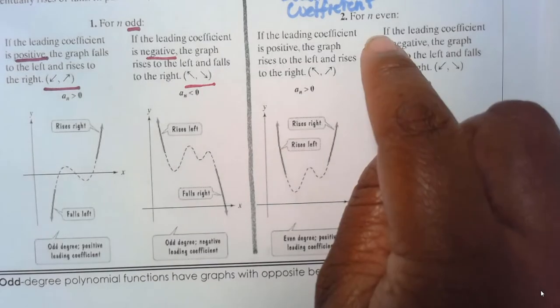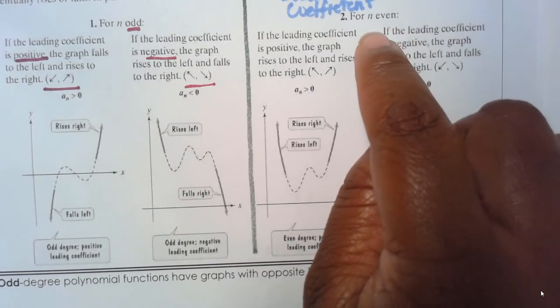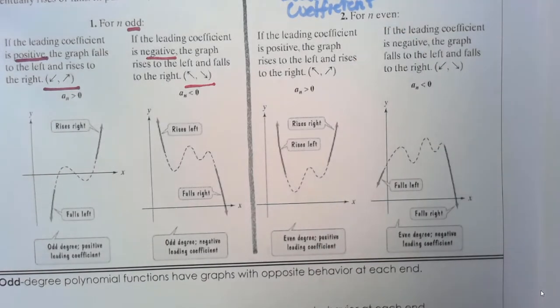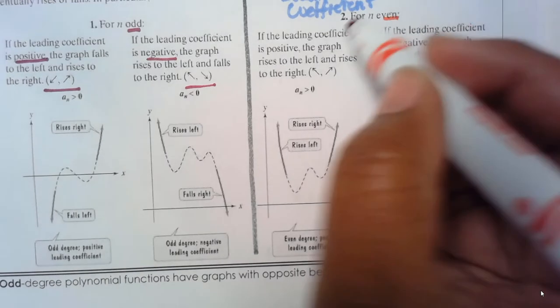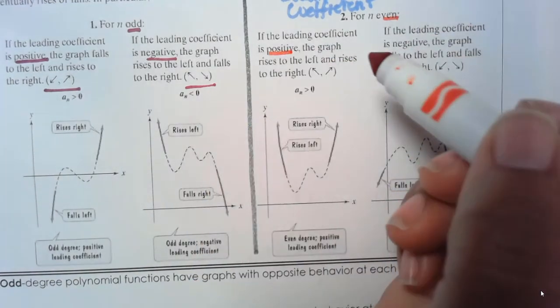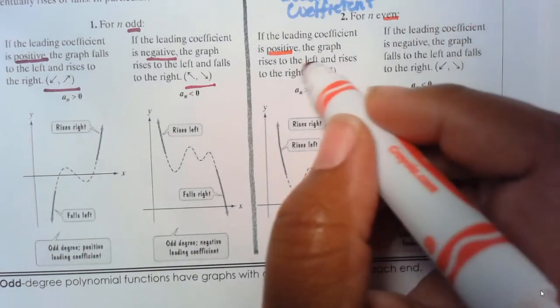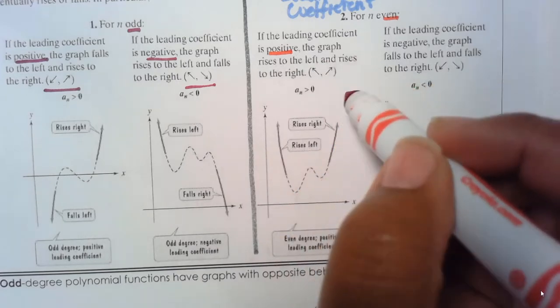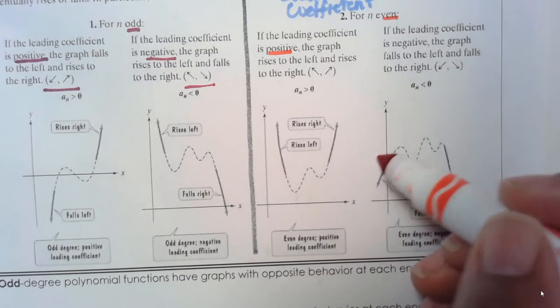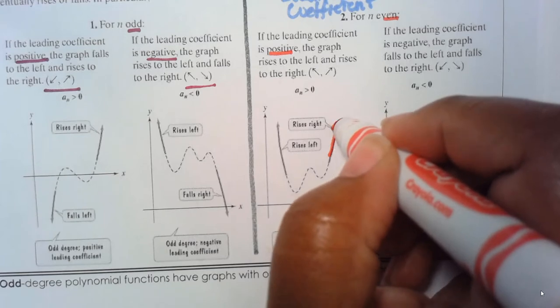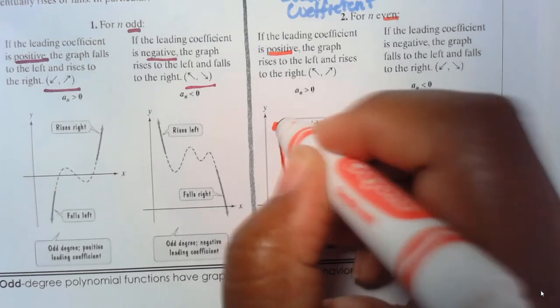Now, for when we have a degree that is even, when it is even, it says if the leading coefficient is positive, the graph rises to the left and rises to the right. So they're going to be in the same direction. They're going to go up in the same direction.